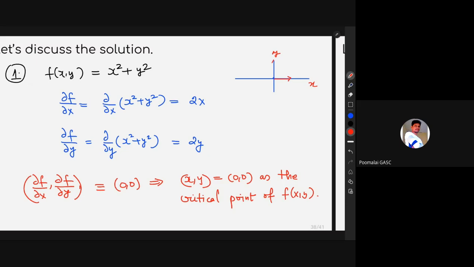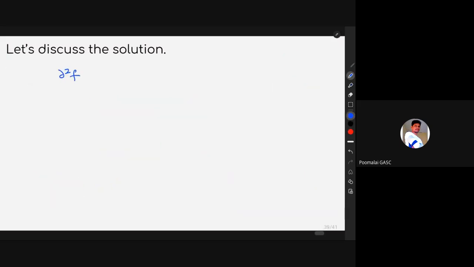So if I perform the double differentiation on x, I get 2, which is a positive quantity. Okay. And if I calculate the Hessian of this function at 0 comma 0, what do I get?